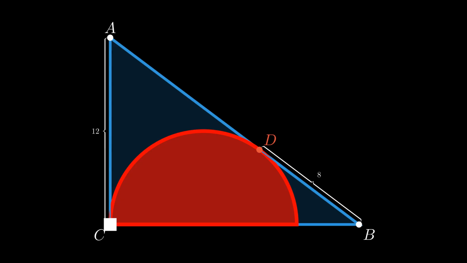First, let's label the vertices as A, B, and C, and the point of tangency on the hypotenuse as D. Applying this to point A, the two tangent segments are AC and AD. Therefore, their lengths must be equal.